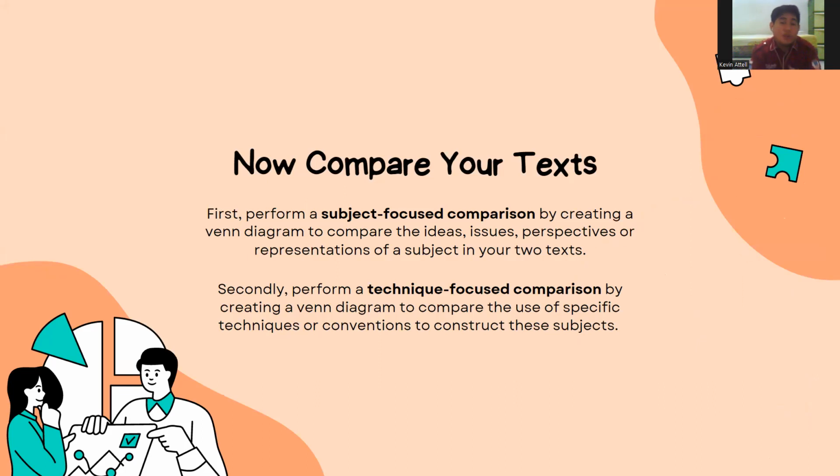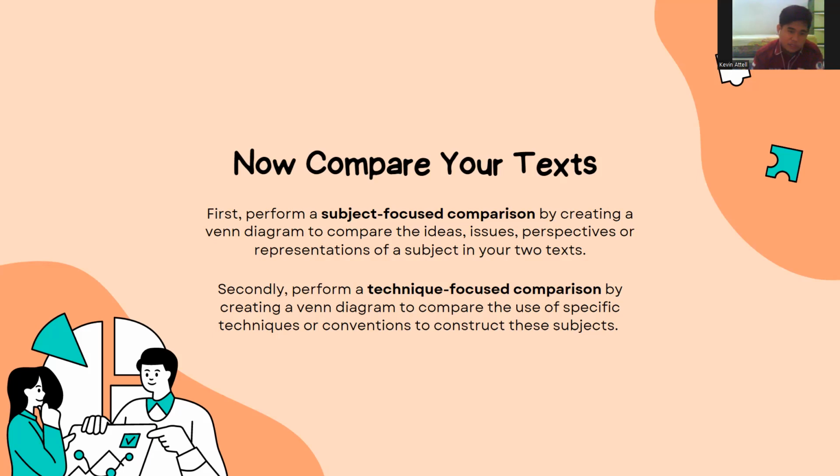But I want every audience member here to compare our texts now. As I stated in this PowerPoint, I have stated the major key points and how to properly compare our texts, how we use the metalanguage, and how we use the words of comparison.